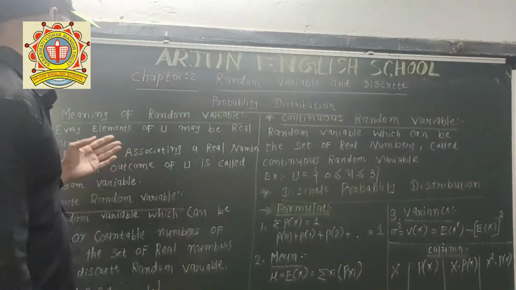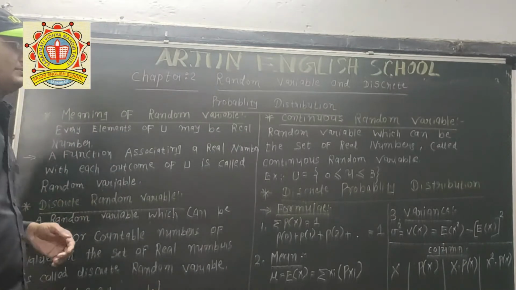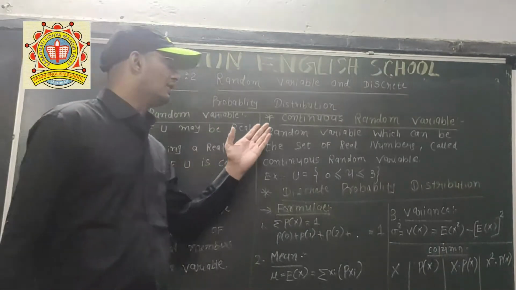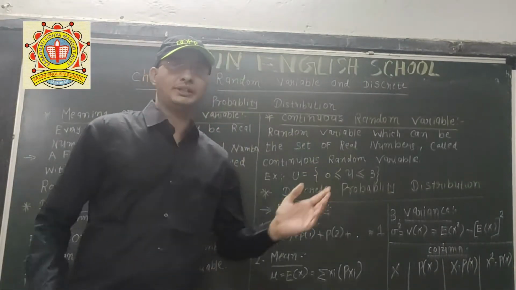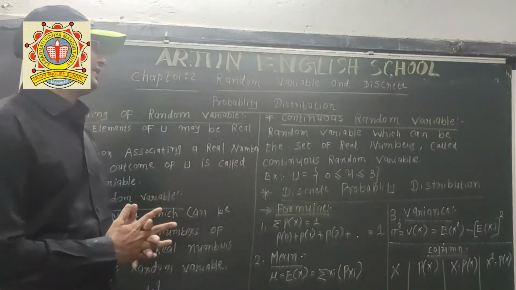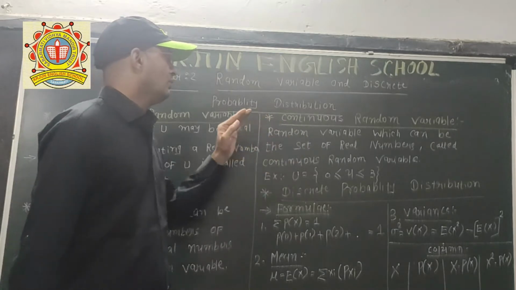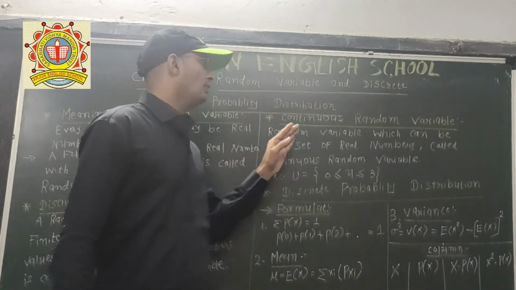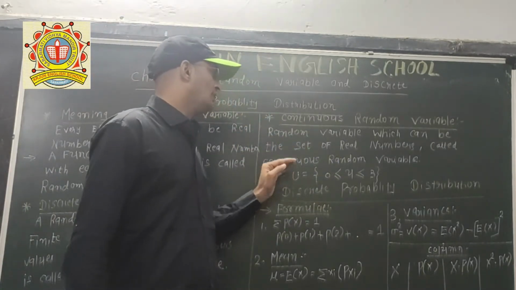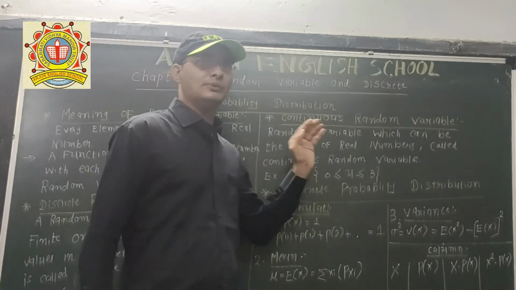After completing random variable and discrete random variable, the third topic is continuous random variable. A random variable which can take values in the set of real numbers is called a continuous random variable.